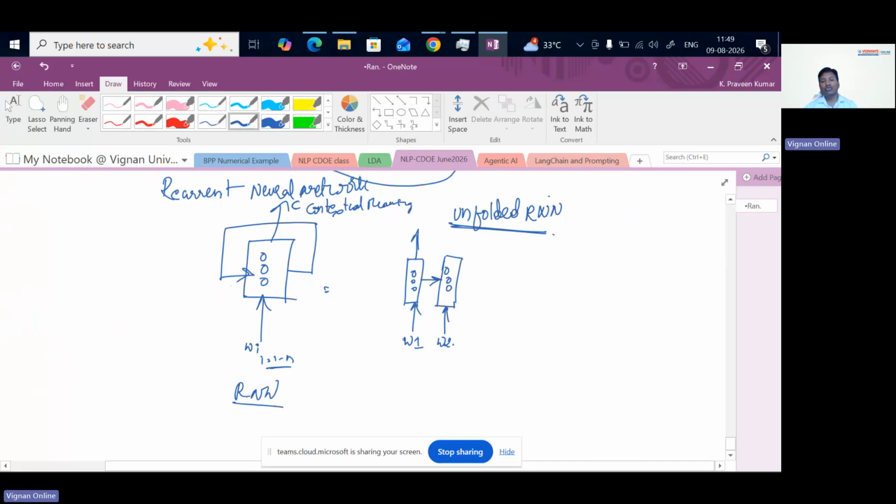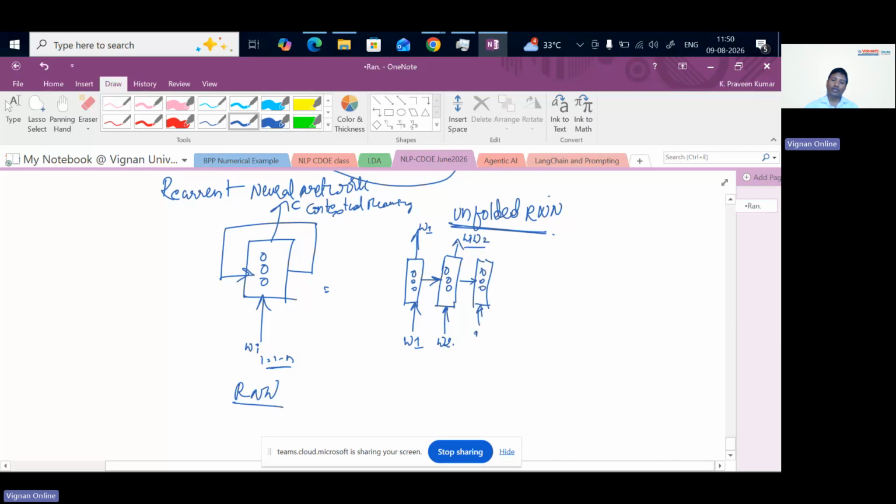Now this w2 is a combination of w1 and w2, and here you are going to get the combination meaning of w1 and w2. This is w1, and this w1 w2 is again passed here. Now we are passing it to the next word.